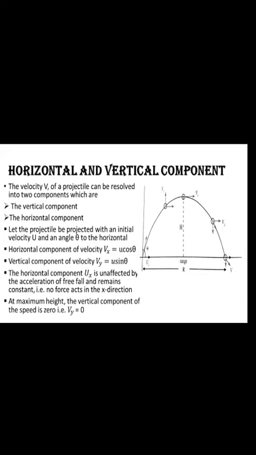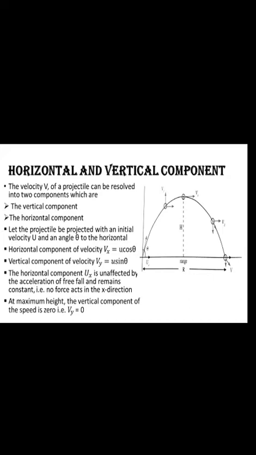Whenever a vector is resolved, it is resolved into the vertical component and the horizontal component. From the diagram you're seeing, the velocity of the projectile can be resolved into both a vertical component and a horizontal component. When we resolve it to the horizontal component, the velocity is u cos theta. Resolving a vector to the horizontal component, you use cos theta.